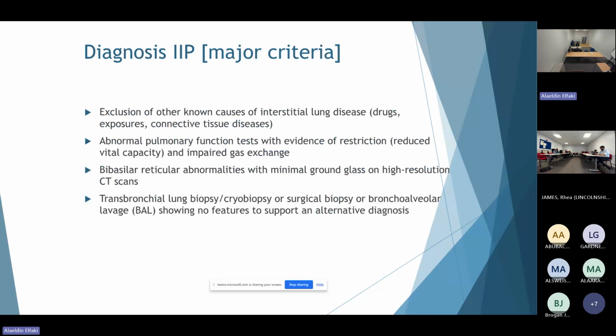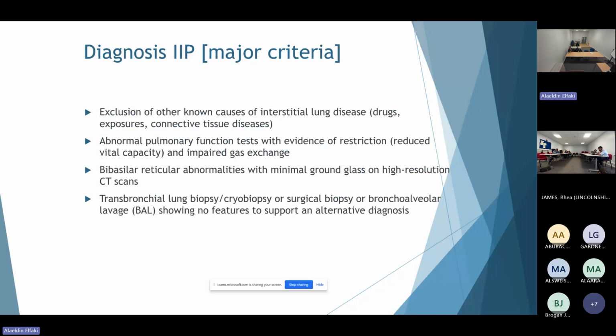To diagnose a patient with lung fibrosis or idiopathic interstitial pneumonia, you need to exclude other causes of lung fibrosis. This is one of the major criteria: drugs, connective tissue disorders, previous radiation, or anything job related. Also, abnormality in the lung function test, showing a restrictive pattern and reduced gas transfer factor.